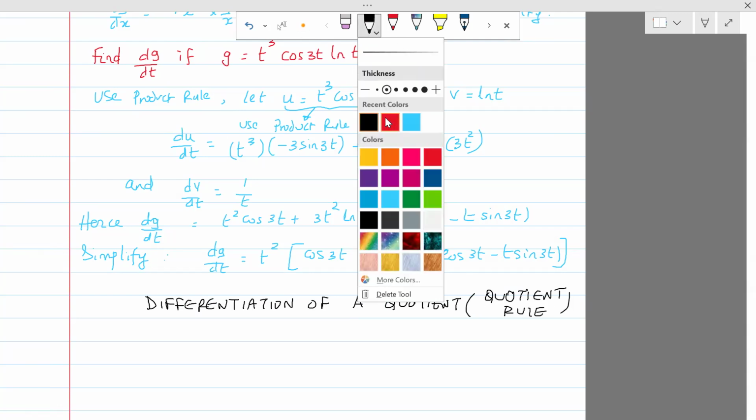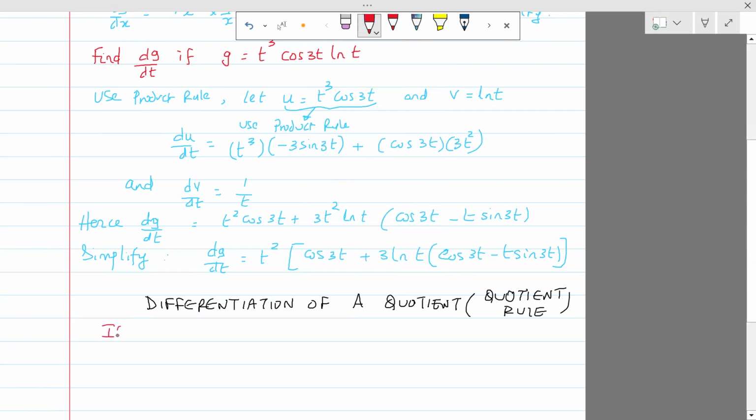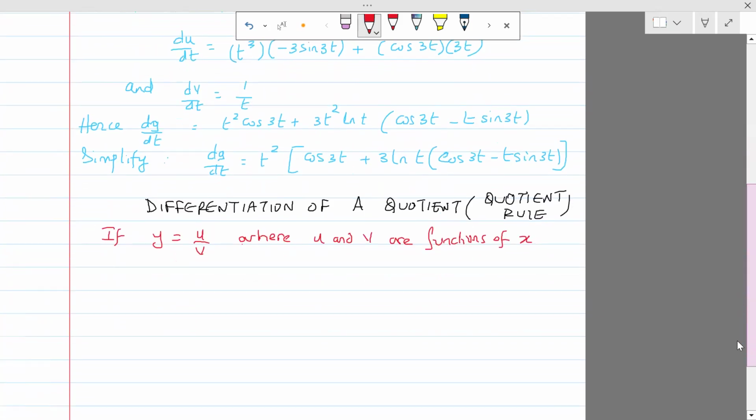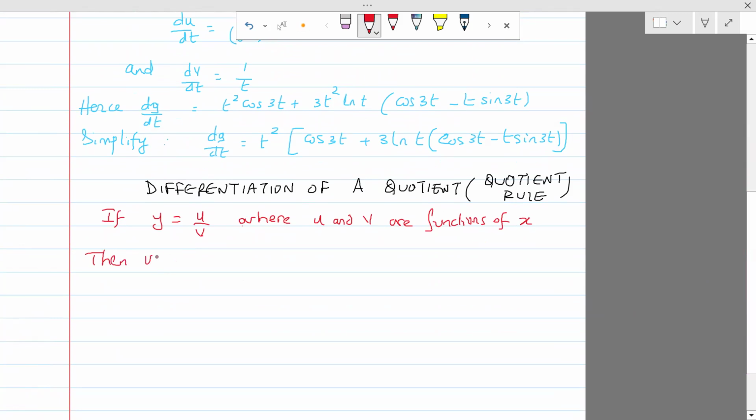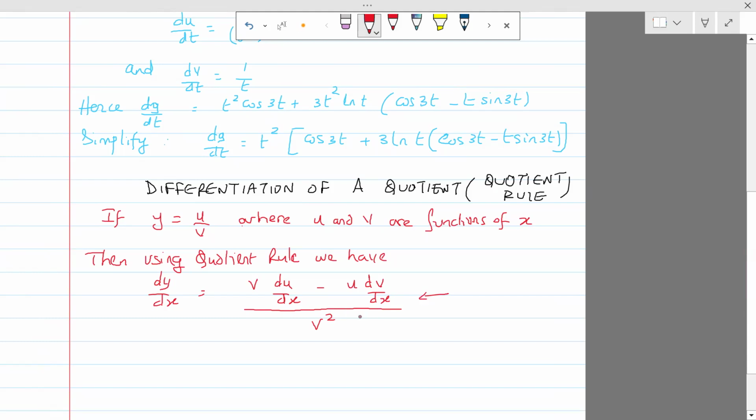So if y equals u over v, where u and v are functions of x, then using the quotient rule, we have dy by dx equals v du by dx minus u dv by dx, over v squared. This is what we call the quotient rule of differentiation.